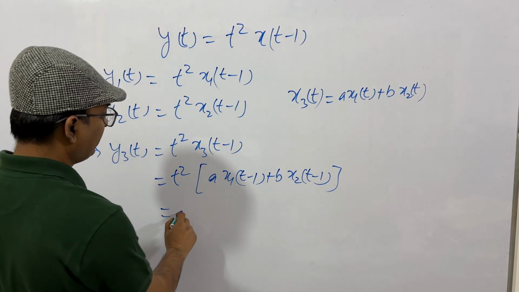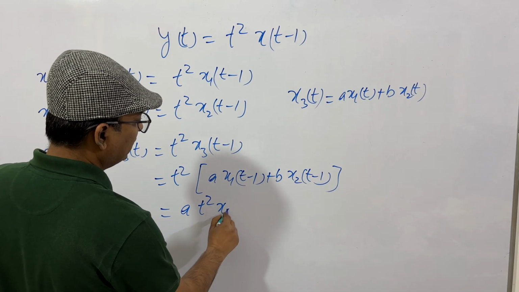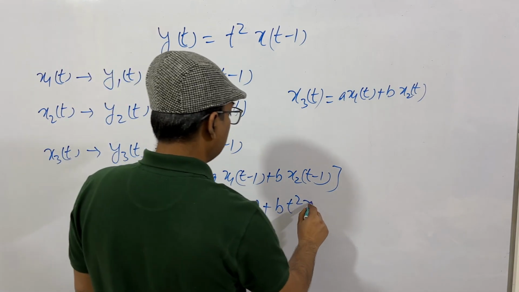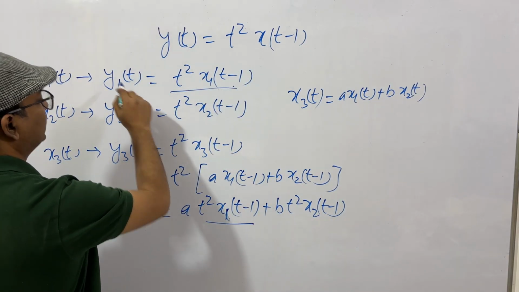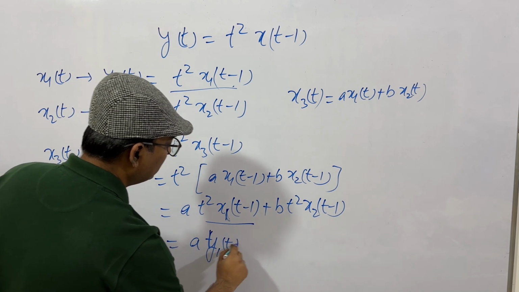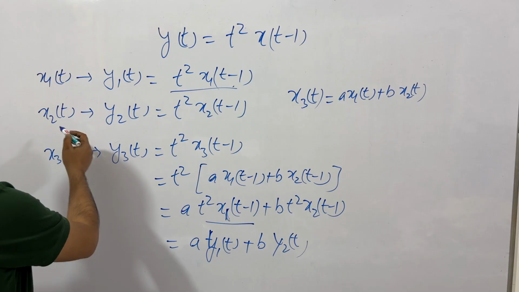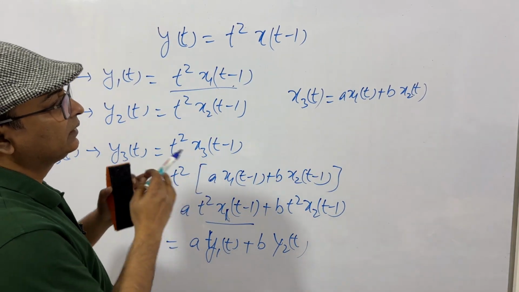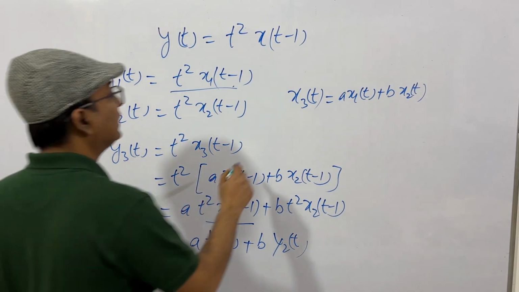This will be a t square x1(t minus 1) plus b t square x2(t minus 1). What is this? It is y1(t). So this is a y1(t) plus b y2(t). Therefore, this input, two inputs added, scaled, gives the corresponding output. Therefore, the system is linear.